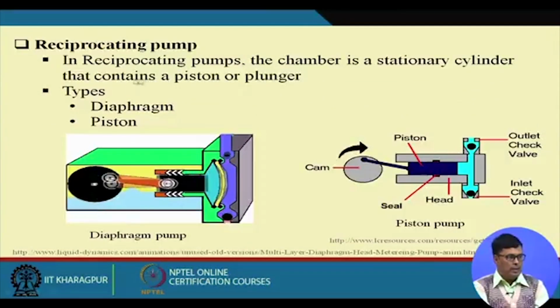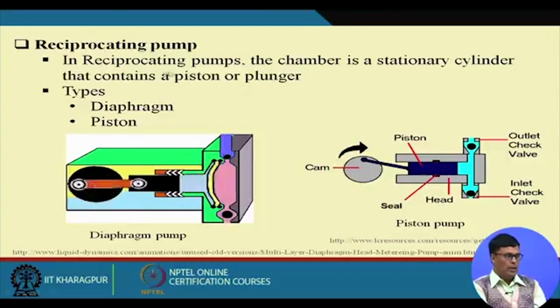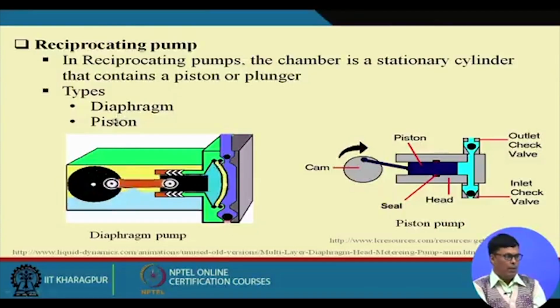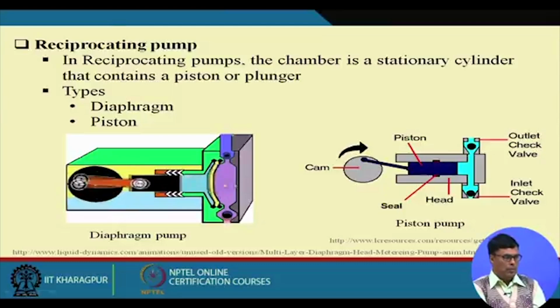Now, here is the reciprocating pump. In the reciprocating pump, the chamber is a stationary chamber that contains a piston or plunger, with types such as diaphragm and piston. You can see the piston is moving, and this is the diaphragm. Since the diaphragm is moving like this, the liquid is pushed like this.